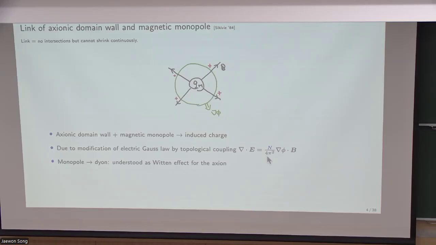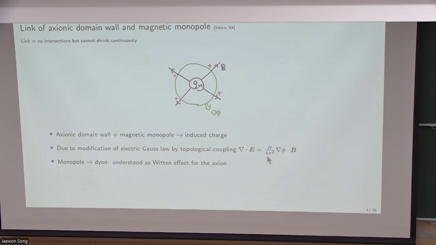You're in 4D, of course, and the monopole is a world line. Yes. And then you have the domain wall, which is the 3D world volume. Yes. So, sorry, this is some cross section of the figure.